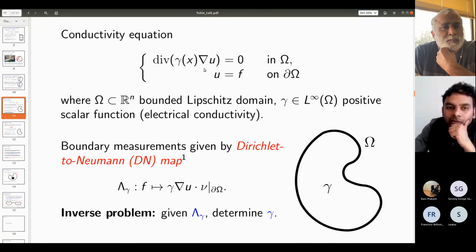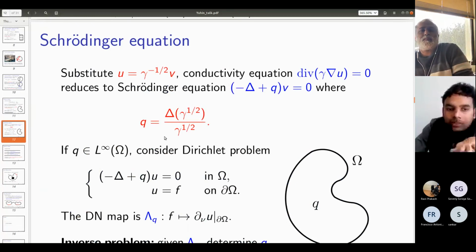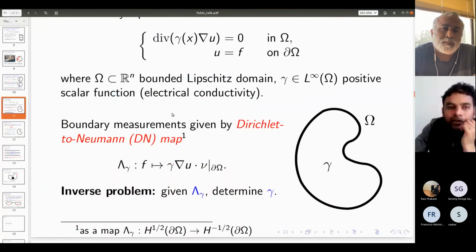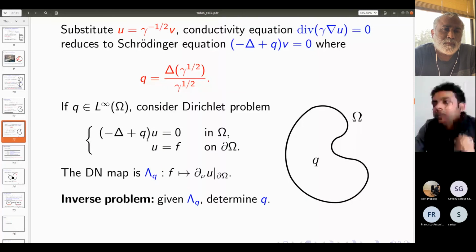If you divide by gamma, then you have Laplace u plus the grad of log gamma dot grad u. So this kind of transformation gives you the zeroth order term, but it uses a Laplacian, so you need two derivatives. But you can also make it a little flexible, in the weak sense. You can also think of having a first order perturbation with the Laplace operator: you just apply the grad here and then divide by gamma, because gamma is a non-zero positive function. Then you have a first order perturbation, and you can still study the same problem.